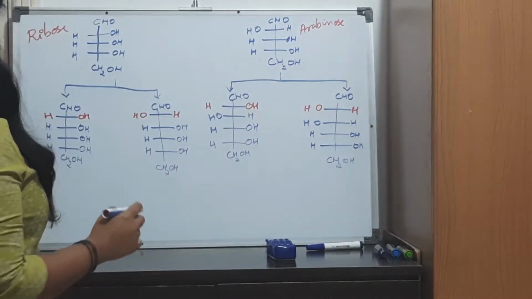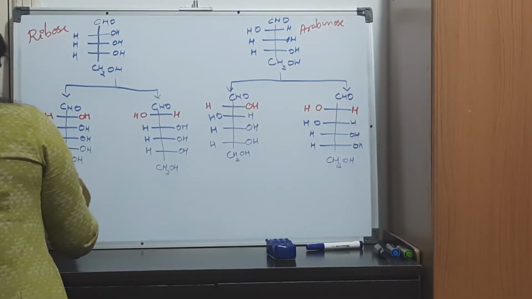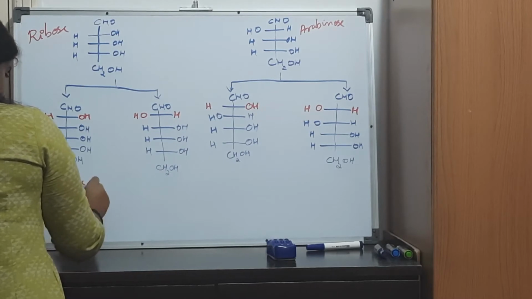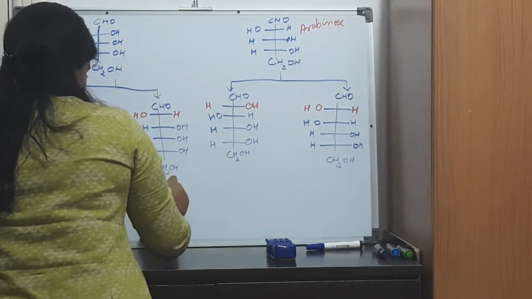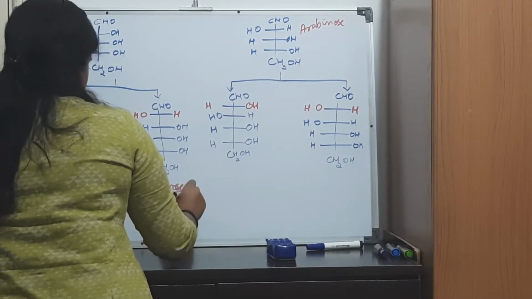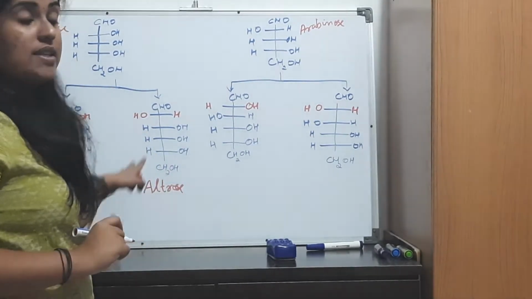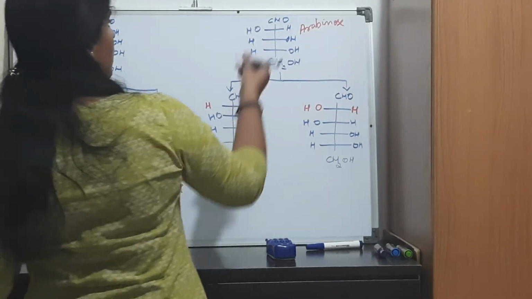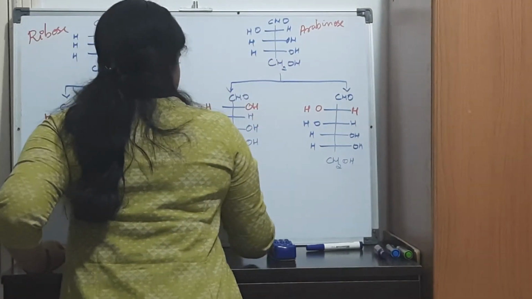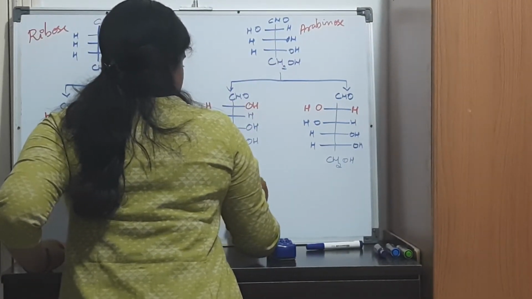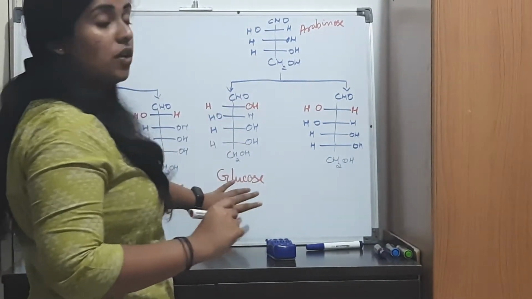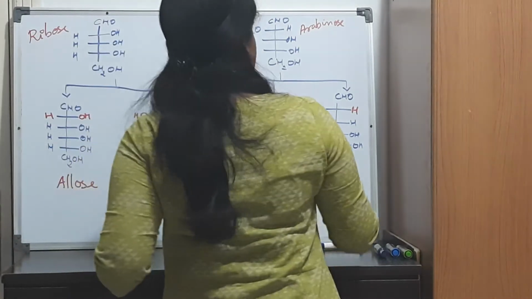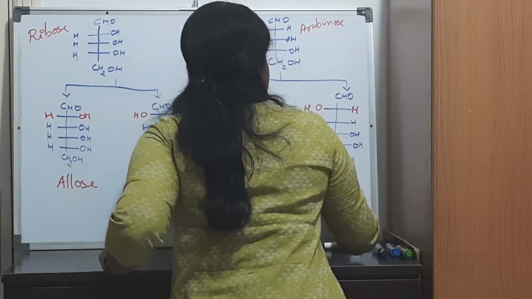So this is known as allose and this is altrose. From ribose we get allose and altrose, whereas from arabinose we will get glucose, a very important molecule which we will be dealing with further in detail, and with glucose we have mannose.